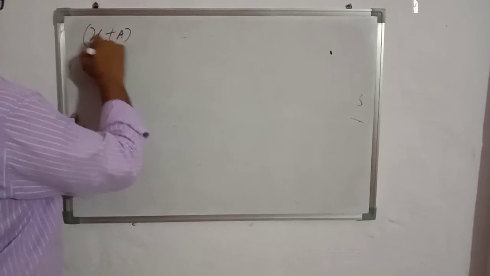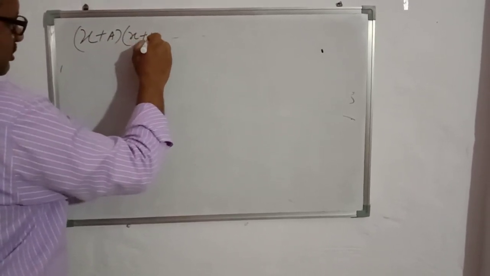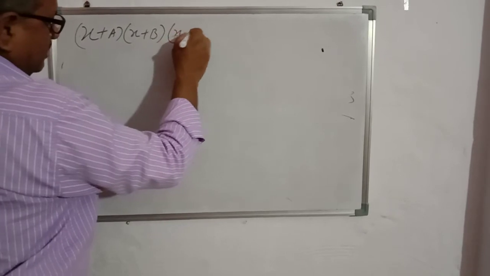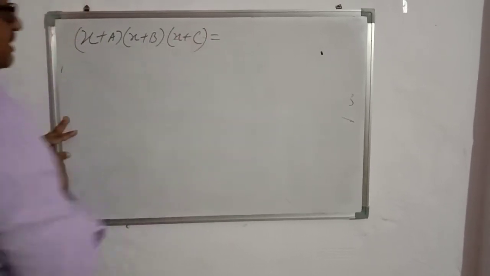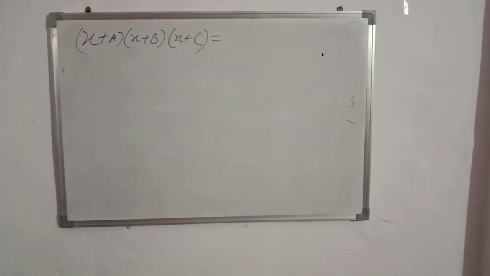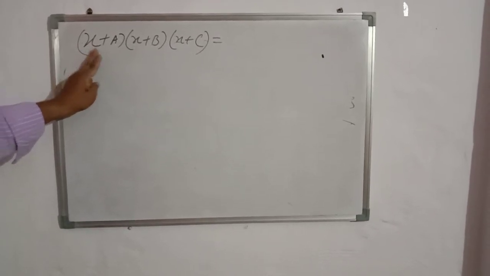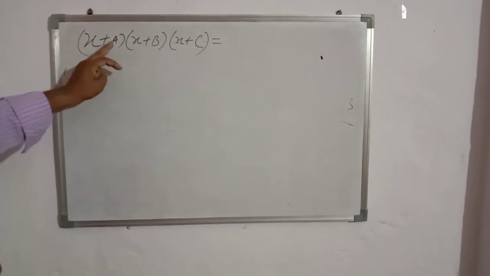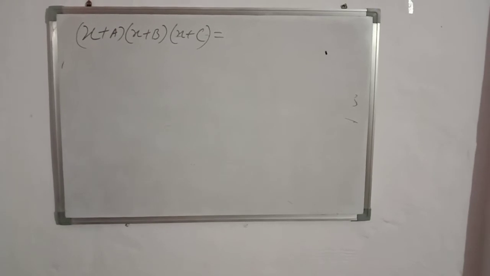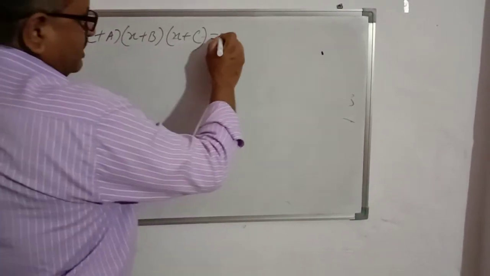x plus a into x plus b into x plus c. Product of these 3 brackets. x is the first term, it is present in every bracket. a, b, c is the second term. What is the product?